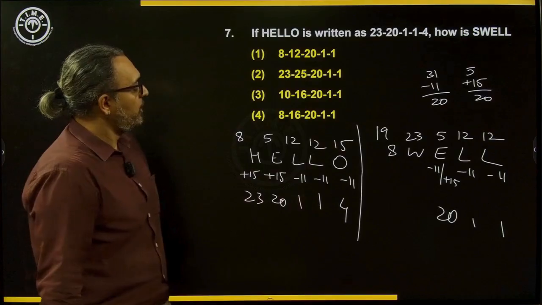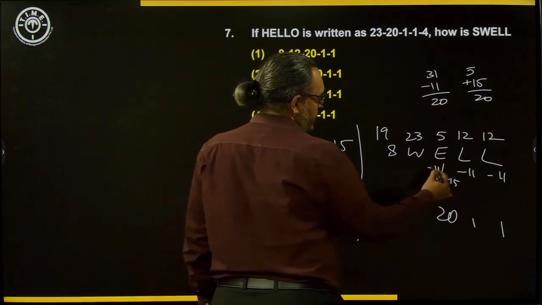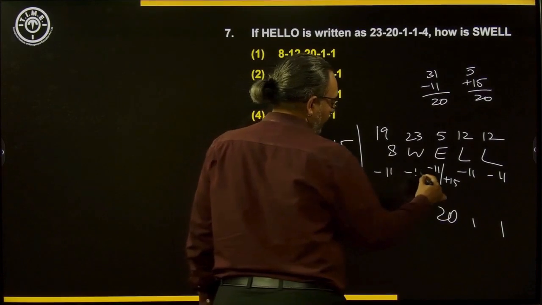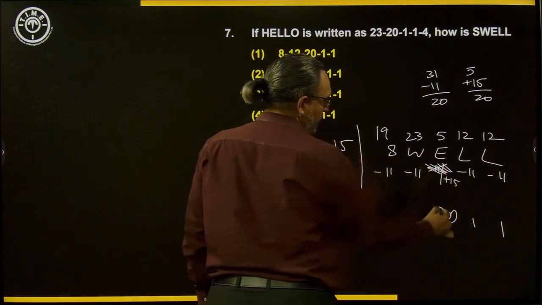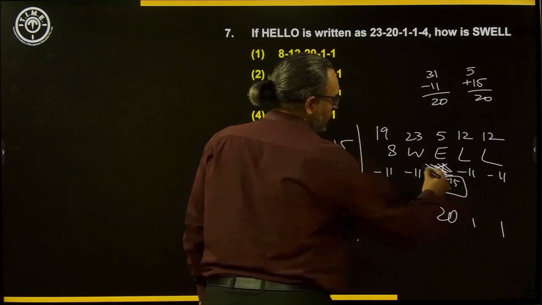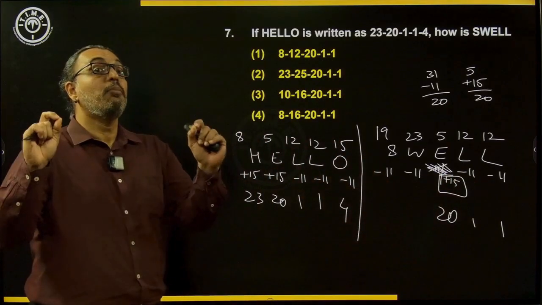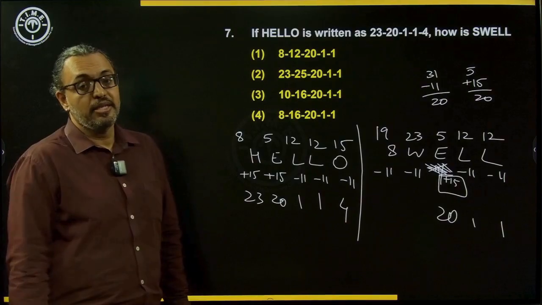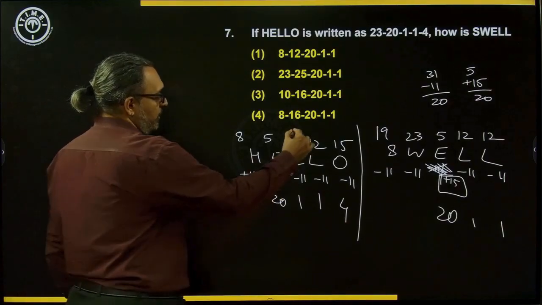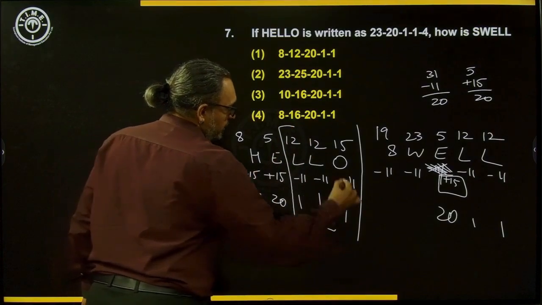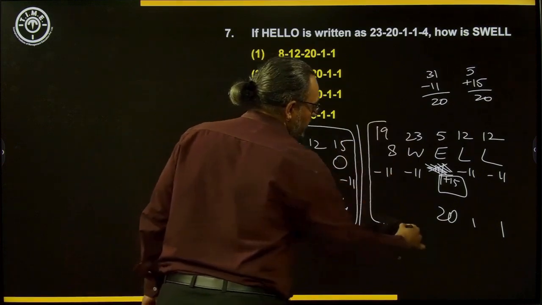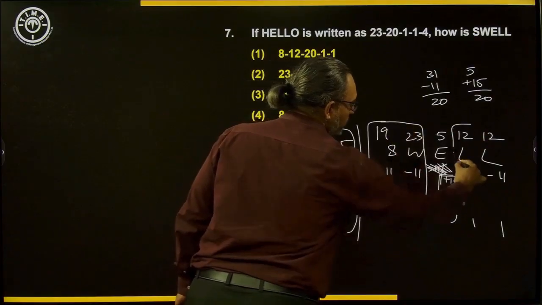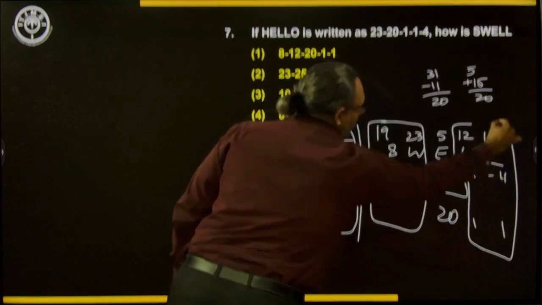Right, for 19 and 23, okay, understood. So basically what he is doing is, for all the double digit numbers, he is doing minus 11.